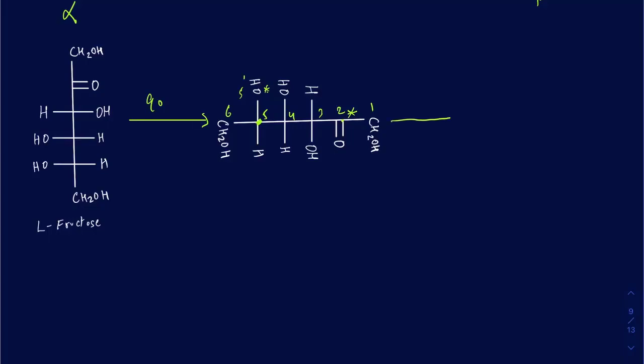And then if I try to orient those in a 5-membered ring, so this is going to be 2, 3, 4, 5, and 6 right there.